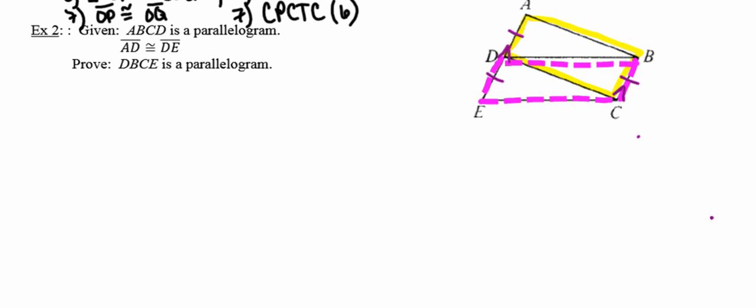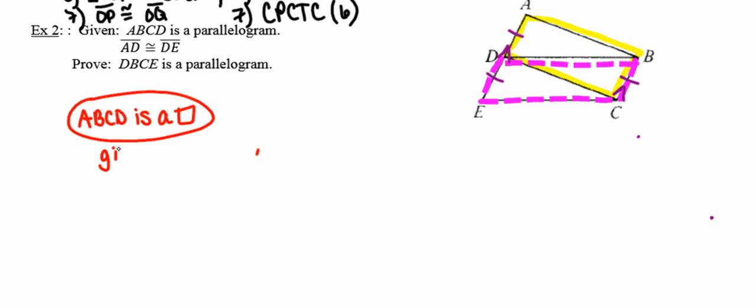So for all you flow proof people, this one is for you. I'm going to start with figure ABCD being a parallelogram. I know that's a true statement because it's given to me. And because that's a true statement, I know that the left side and the right side are parallel. I'm going to be a little sneaky about how I write this.